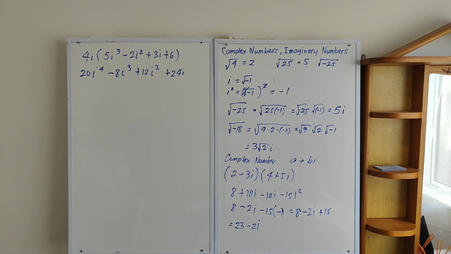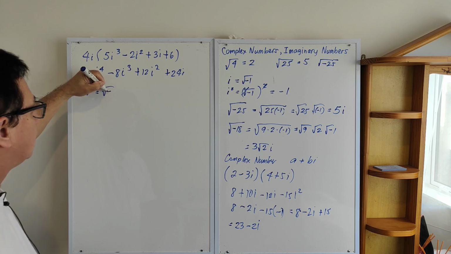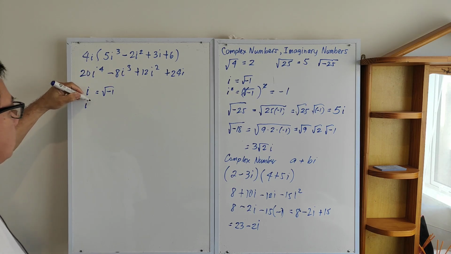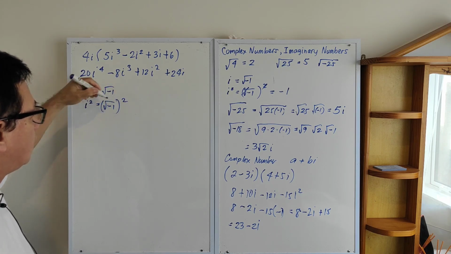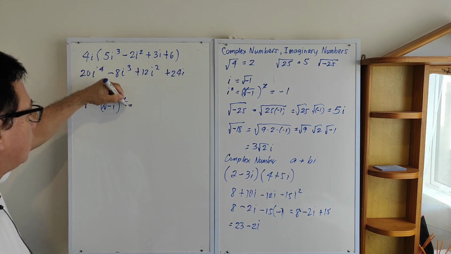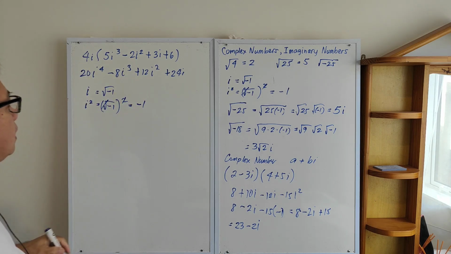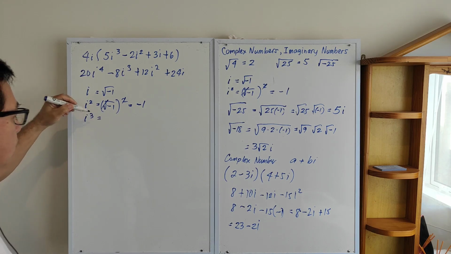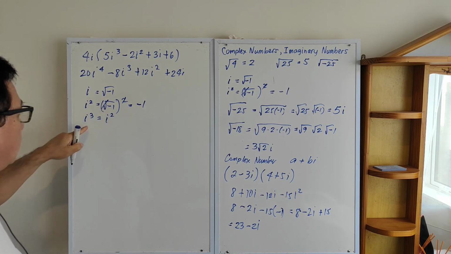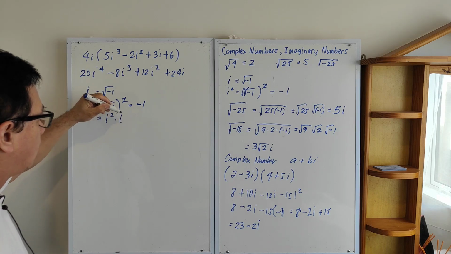Now, let us make a table for i in increasing exponent. So i is equal to the square root of negative 1, and i squared would be the square root of negative 1 squared. So the square root and the square will cancel out. So this will be negative 1. i cubed, we can separate into i squared times i.